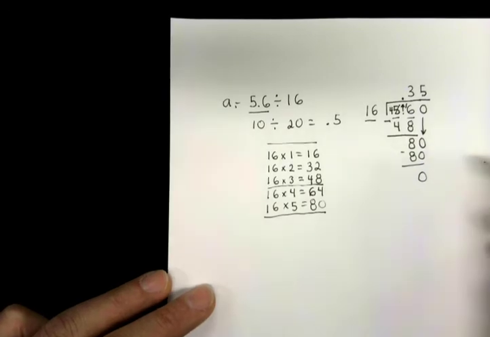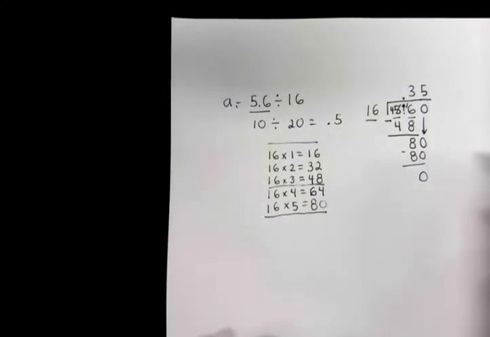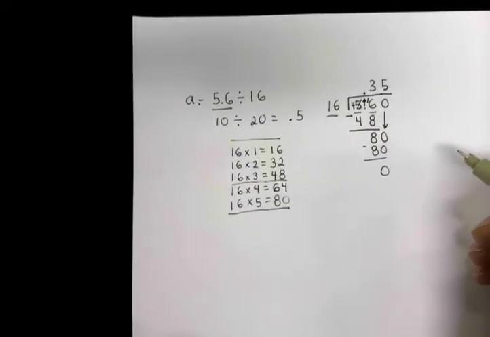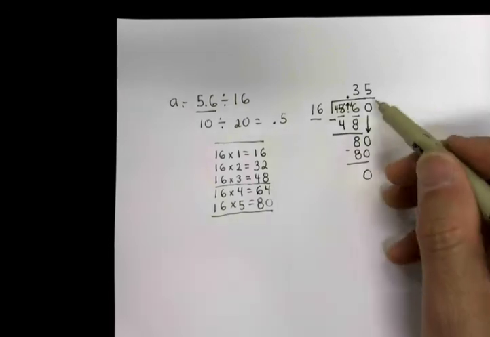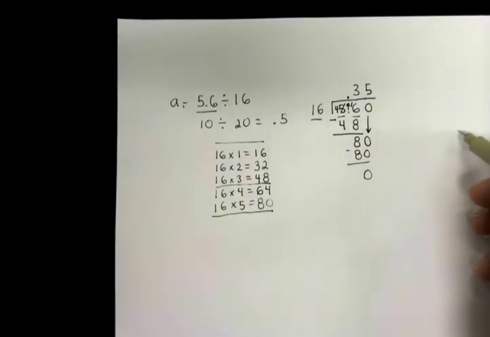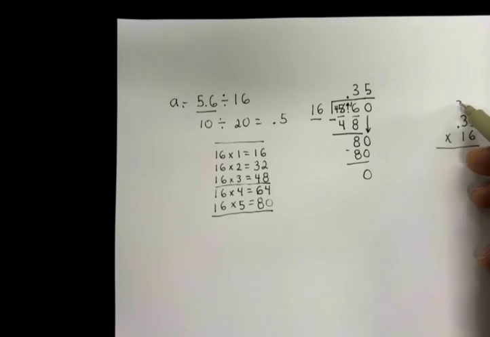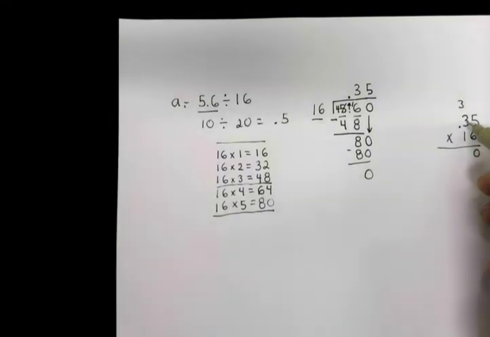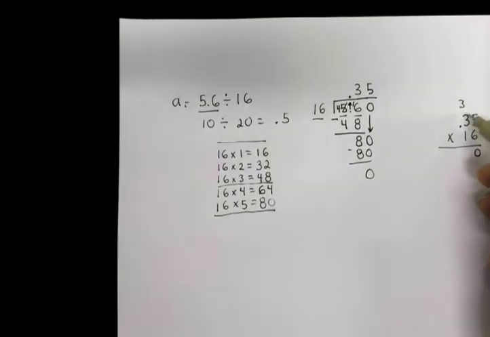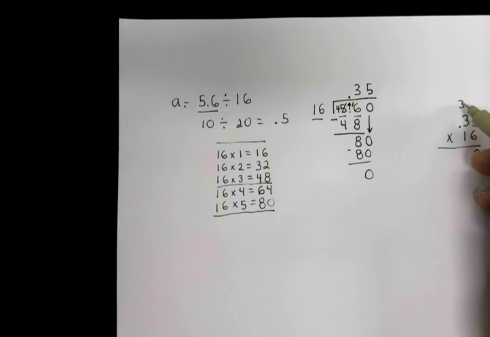Now, we need to verify because that is an important part of the process. So let's see if we can verify. You would verify by multiplying 0.35 by 16. So 6 times 5 is 30, 0, you carry the 3. 6 times 3 is 18, plus 3 is 21.